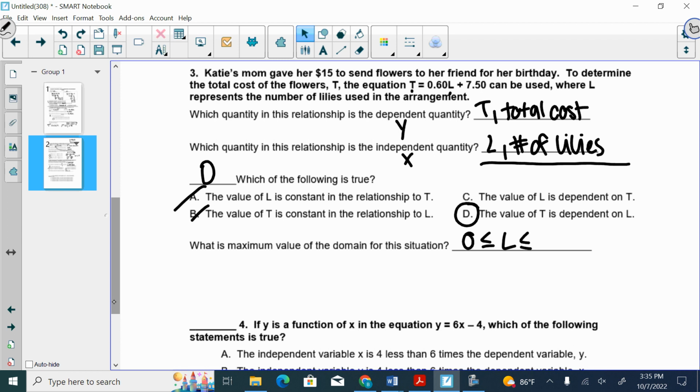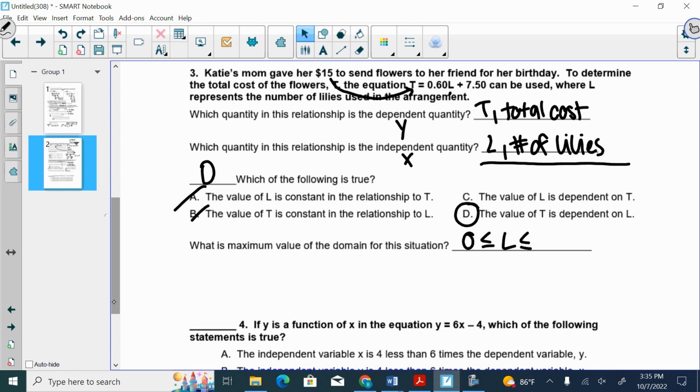Our job is to figure out how much can she buy with the amount of money that she was given. So how much money does she have? 15, all right? So that means I'm going to take that 15 and plug it in for my total cost and see what do I get for my lilies.